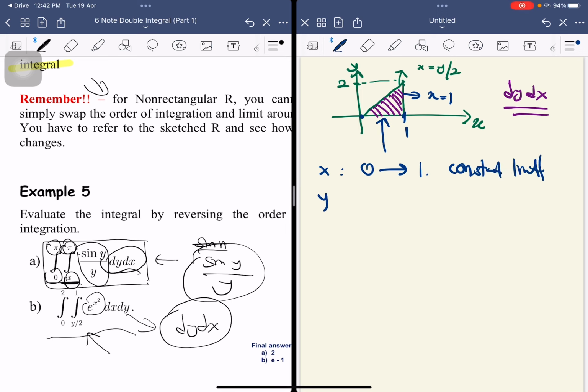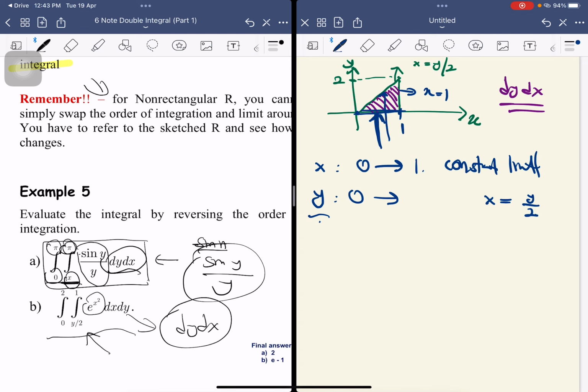The limit for y should be in this way. From this one, you're going to meet this line, which is y equal to 0. Then we move to this part, where we have x equal to y over 2. Since the limit we are looking for is y, we make y the subject.